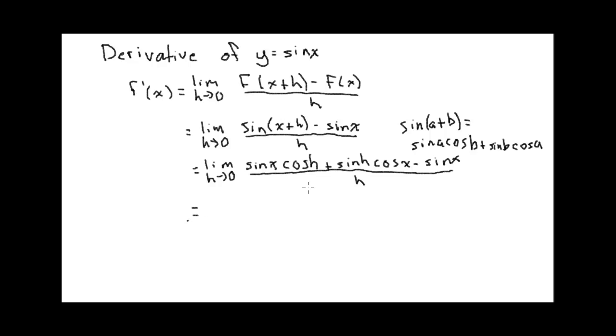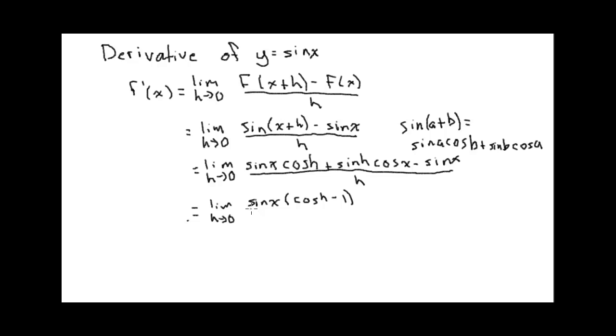Okay. So what are we going to do with this? Well, you might notice there's a sine x and a sine x there, so first instinct might be to try grouping those. Actually, we'll just factor them. So I'm going to group this, and then I'm going to factor out the sine x. So I'd have cos h minus 1.